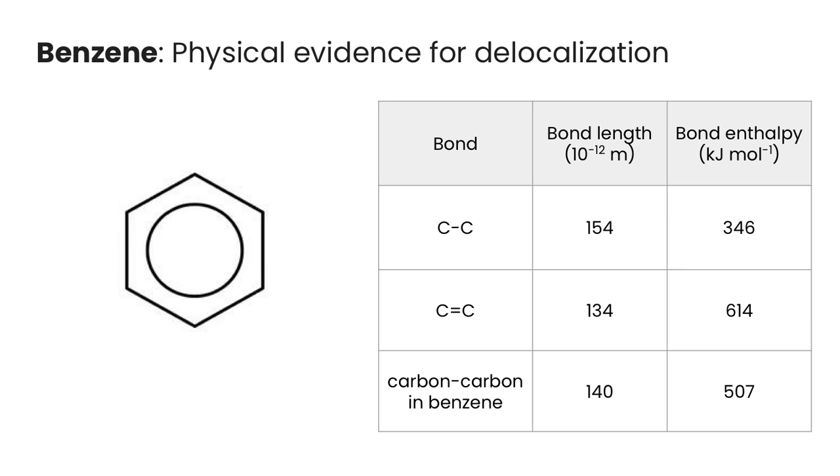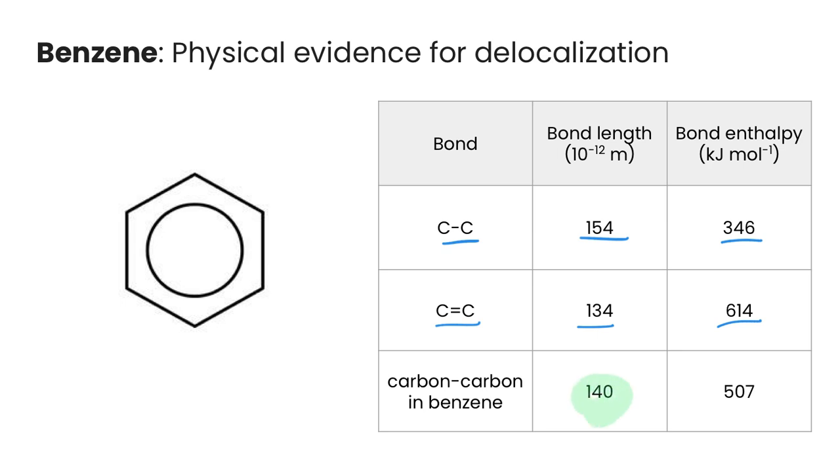If we were to look at a carbon-carbon single bond, its length is 154, and the bond enthalpy, or the energy it requires to break that carbon-carbon bond, is 346. Whereas a carbon-carbon double bond is 134 in length and 614 for its bond enthalpy. Each carbon-carbon bond in benzene is intermediate.